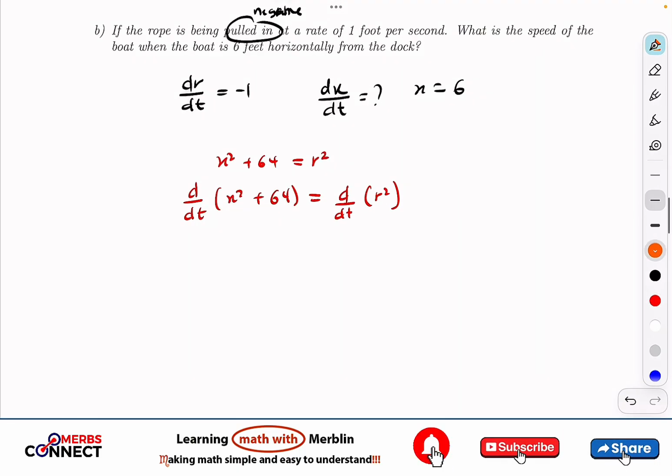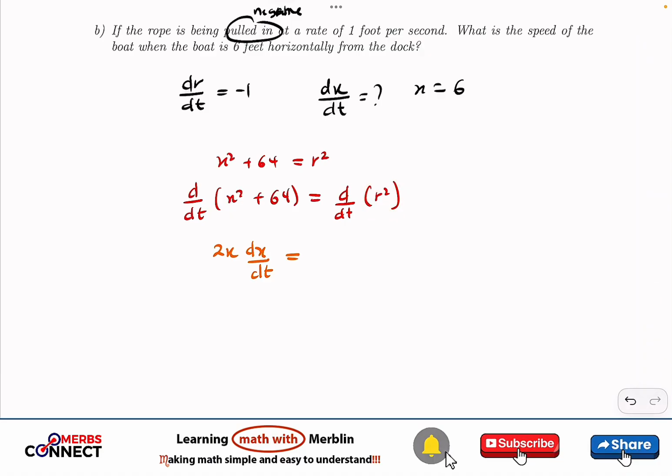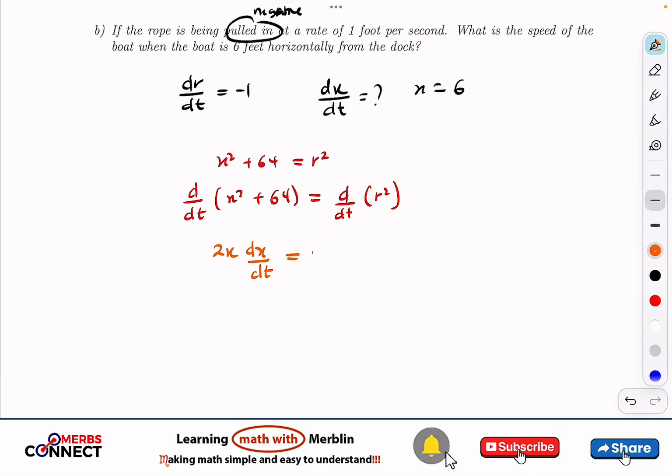So let's go through the process. Differentiating x squared with respect to time is going to give us 2x dx over dt. 64 is constant, so it's going to be just 0. Then differentiating r squared with respect to t is going to give us 2r dr over dt.